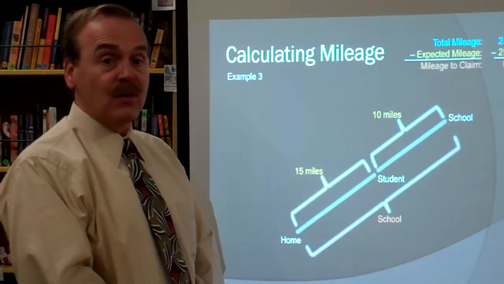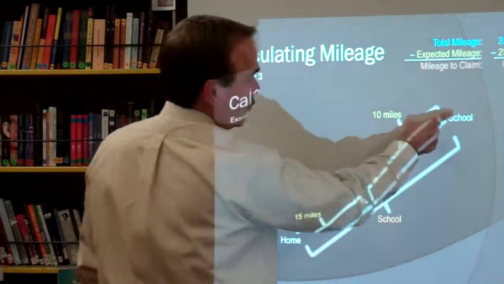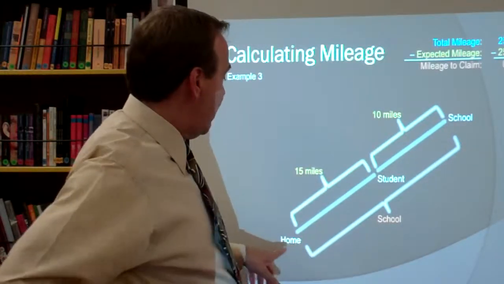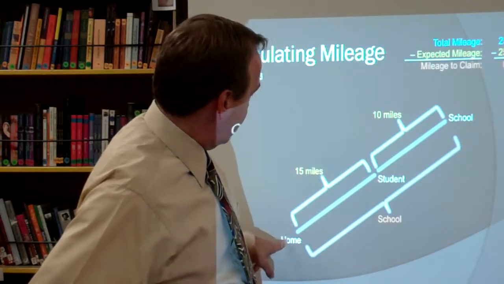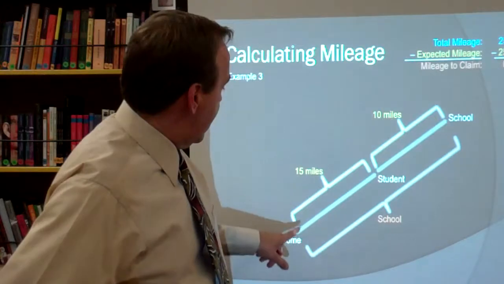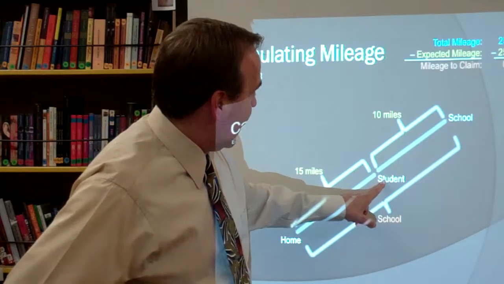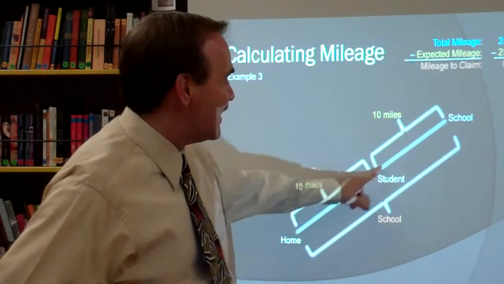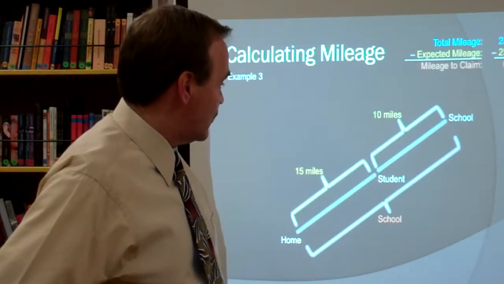Now, you may have the situation where, home to school, the student is basically right in the middle. In that case, it's 25 miles for you to go from home to school, but it's 10 miles from school to the student, and then from the student back to your home it's 15 miles, because the student's in the same path as home to school.